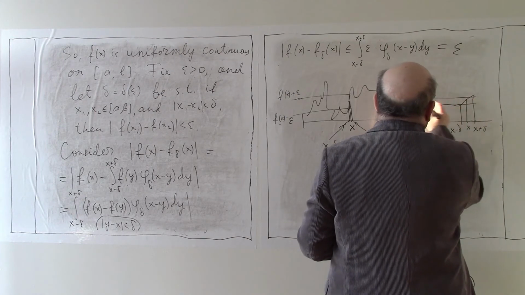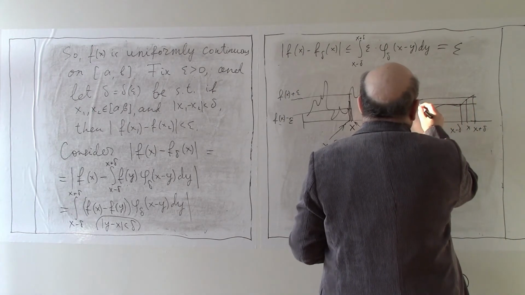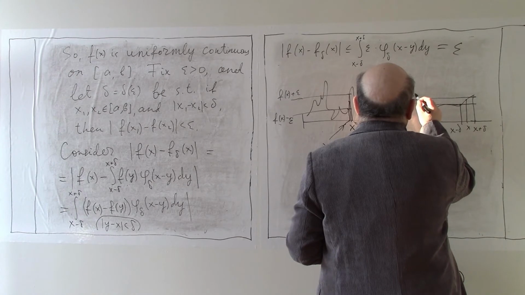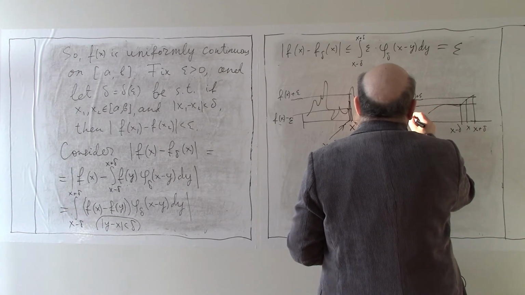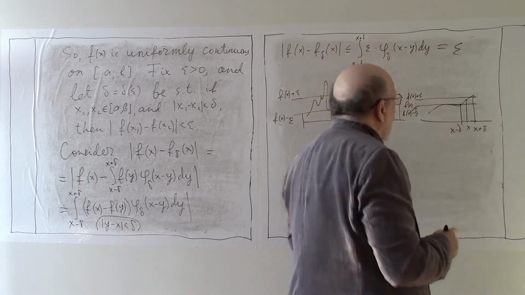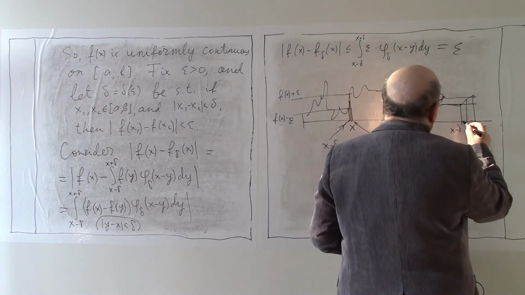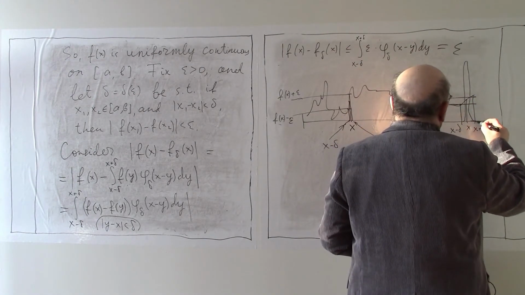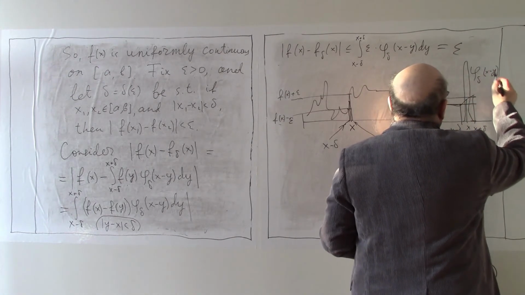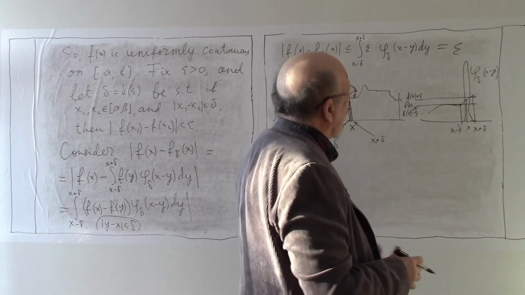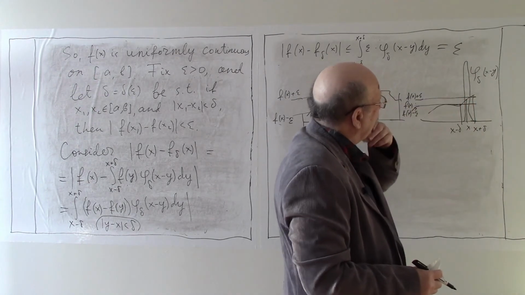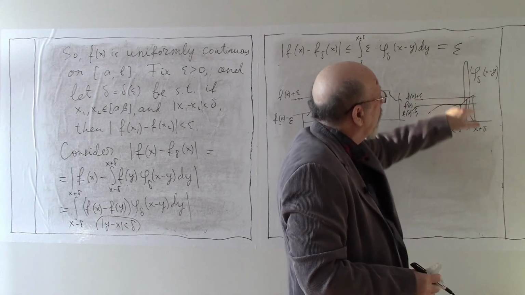Here the function f changes within epsilon, between f(x) plus epsilon and f(x) minus epsilon. And now we multiply this by the function phi_delta(x minus y). This function is concentrated on this small segment, and its integral is 1.